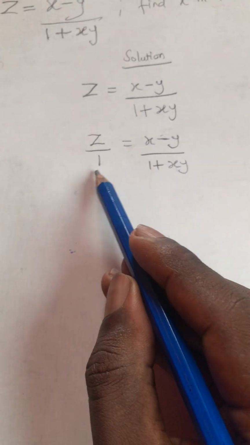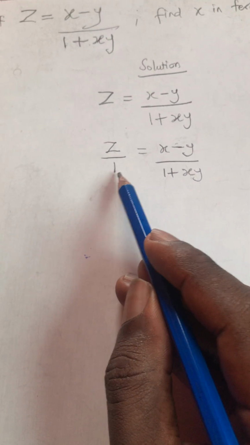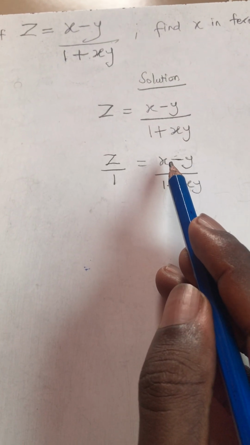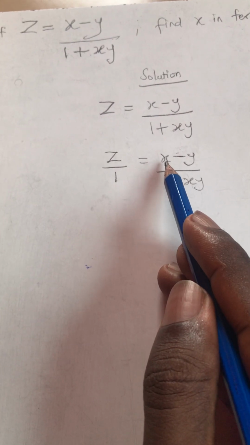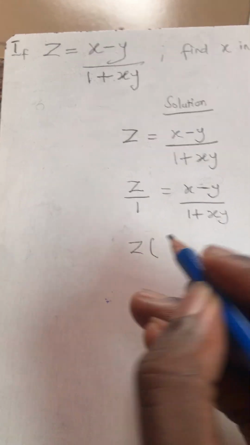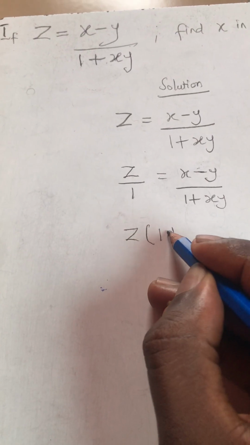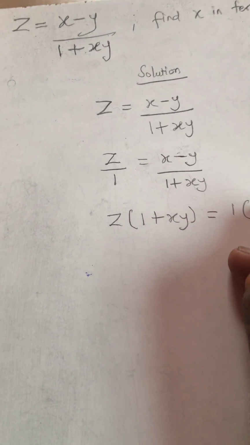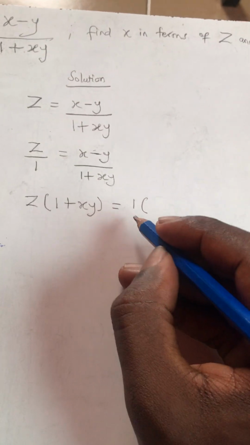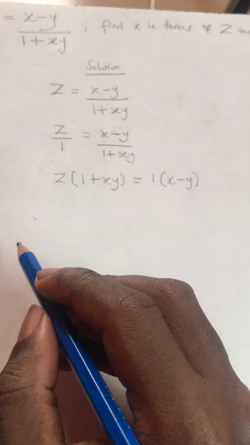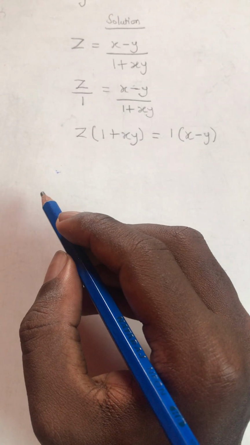And the denominator on the left hand side, which is 1, would cross the equal to sign and multiply the numerator on the right hand side, which is x minus y. So we are going to have our equation to be z multiplying 1 plus x multiplying y equals 1 multiplying x minus y. When we get our equation like this, we simplify.